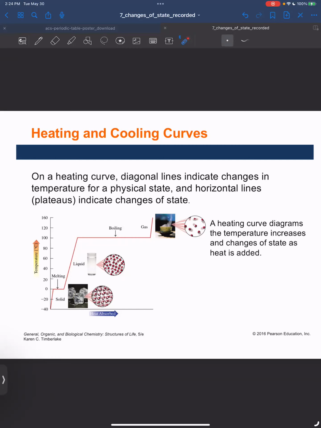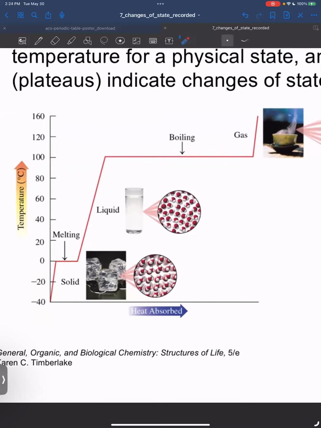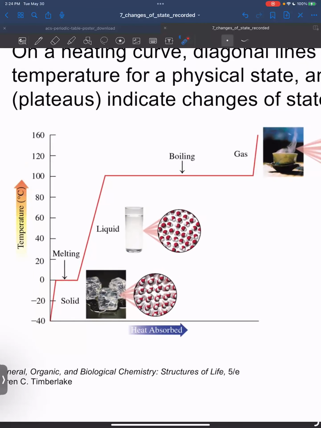So when we look at a heating curve, let's zoom in here. It looks like we're looking at the heating curve for water, because the first plateau on the heating curve will give you your freezing or melting point. So let's highlight that. This here will indicate where it intersects the temperature, which is on the y-axis.